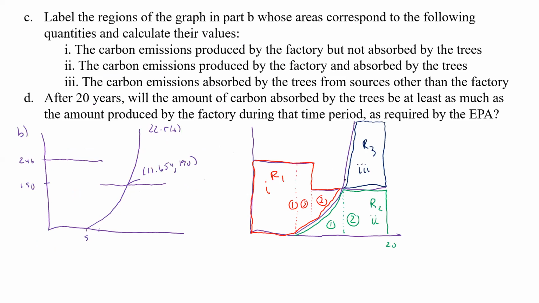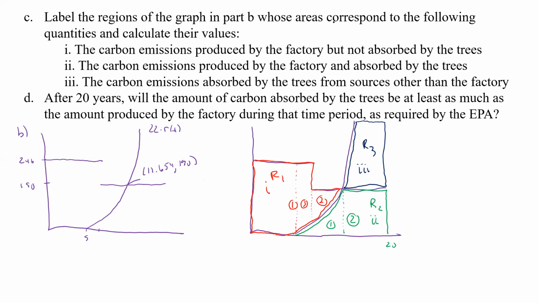And then we have R3 now. Now R3 is basically between 11.654 and 20, and we're going to take f of x minus 190. So let's put that in our calculator.